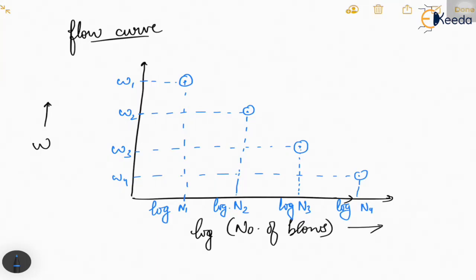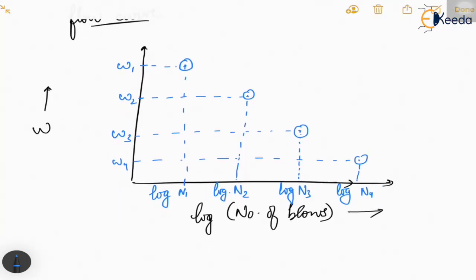Now let us take some values for N1, N2, N3 and N4. I'm just assuming the values. The value of N1 may be 10. For N2 it might be around, let us say, 18.